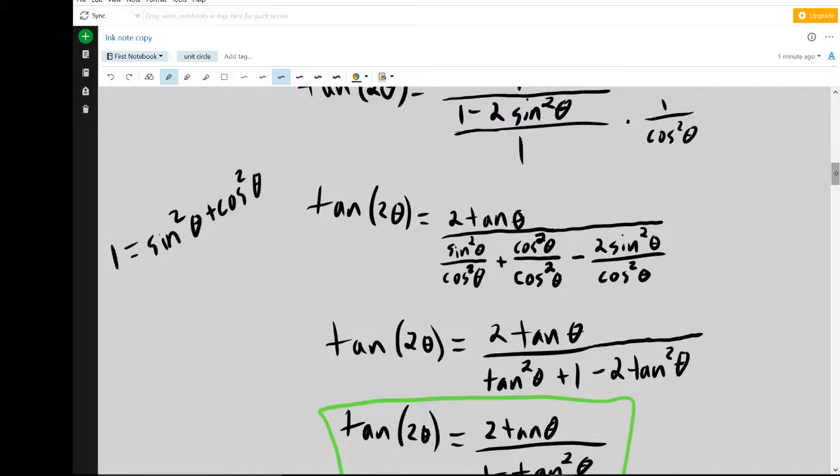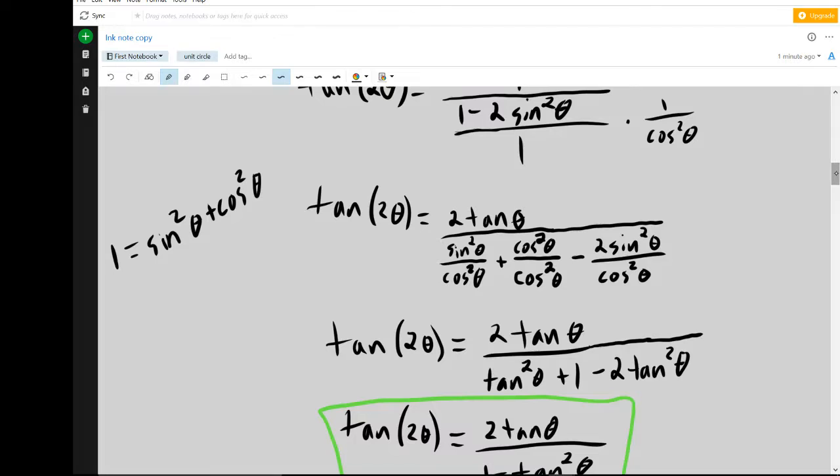On the bottom, now this is a little more complicated. That 1 minus 2 sine squared theta, that 1 we can rephrase as sine squared plus cosine squared. So we're going to plug that in, and then we're going to put that 1 over cosine squared theta across everything, right? Just like when we add or subtract with fractions and you need the same denominator, we can split by the same denominator. That's what we're going to do here. We're going to make each of those its own term.